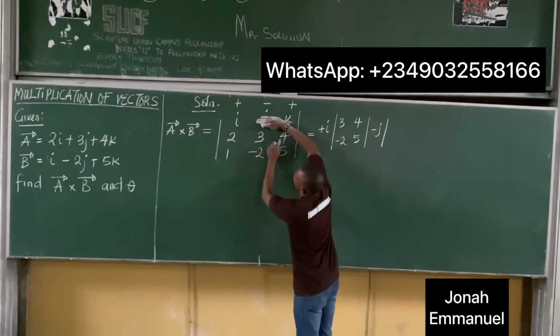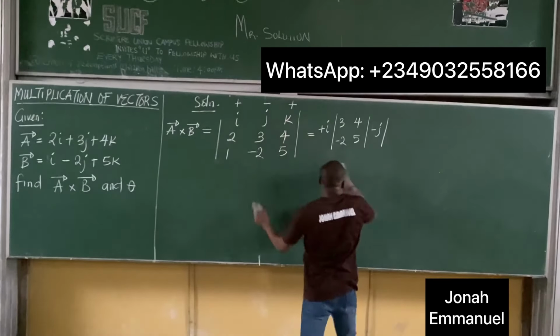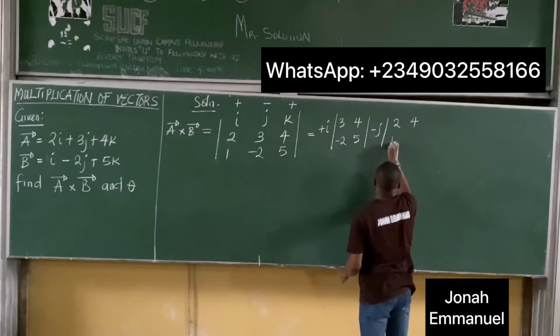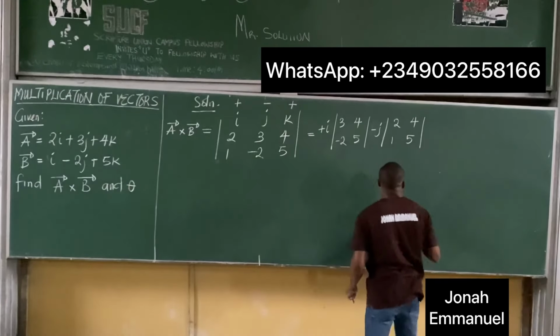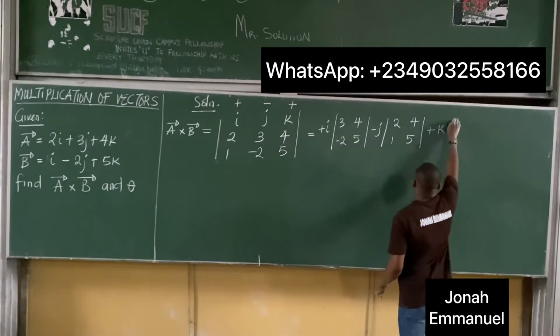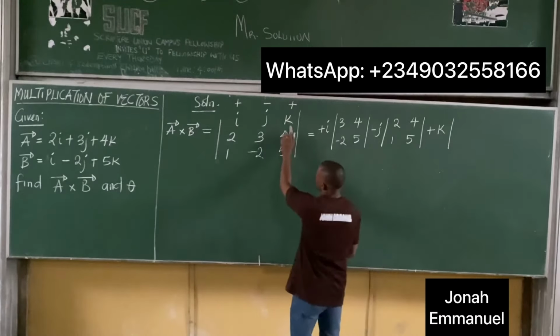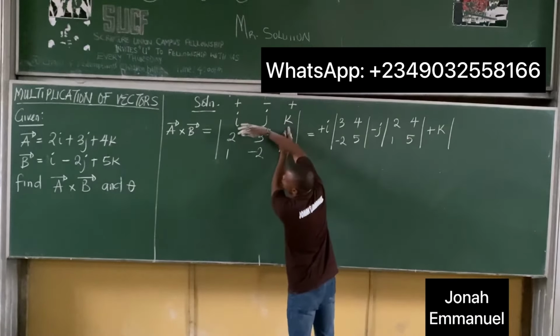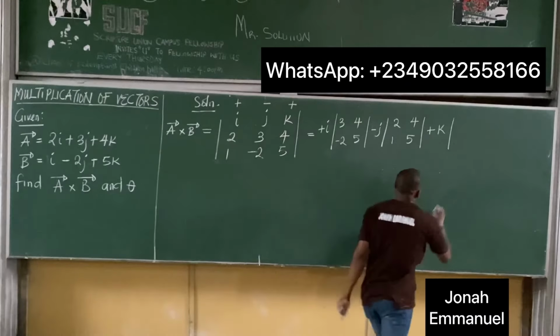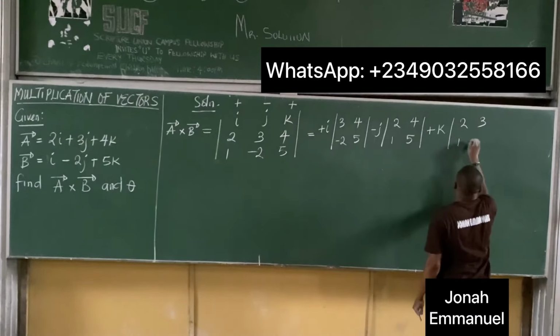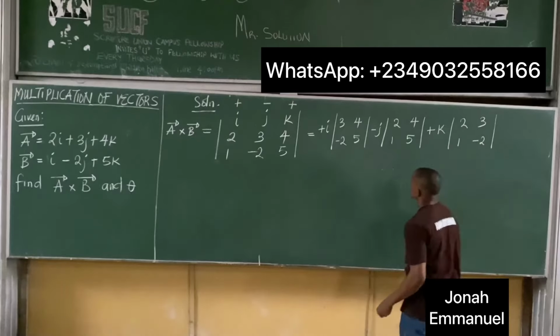I have 2, 4, 1, 5. Next up, plus k. For k, cover the column and row. You have 2, 3, 1, minus 2.